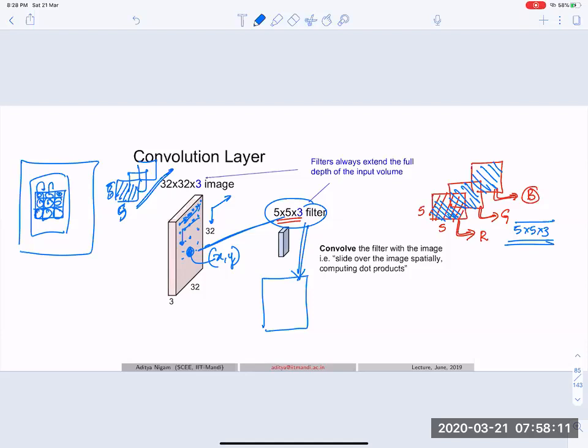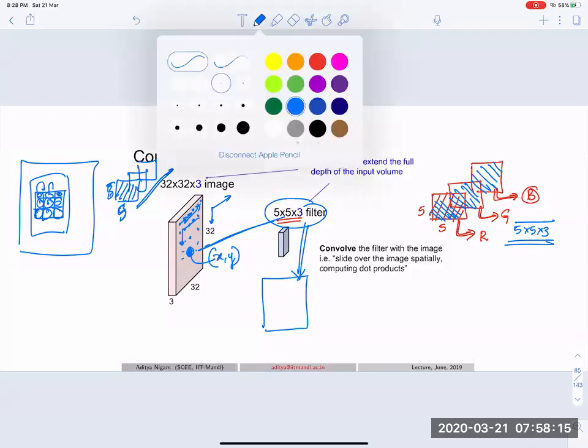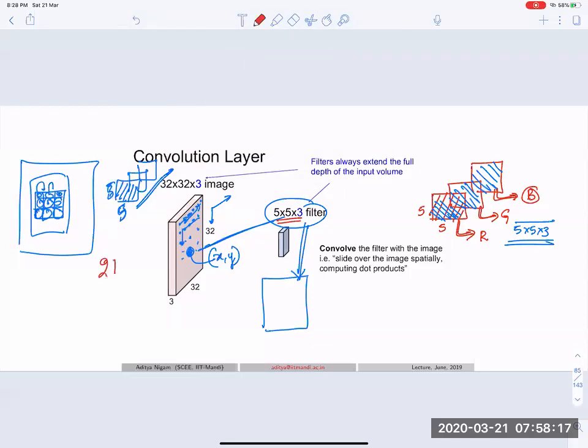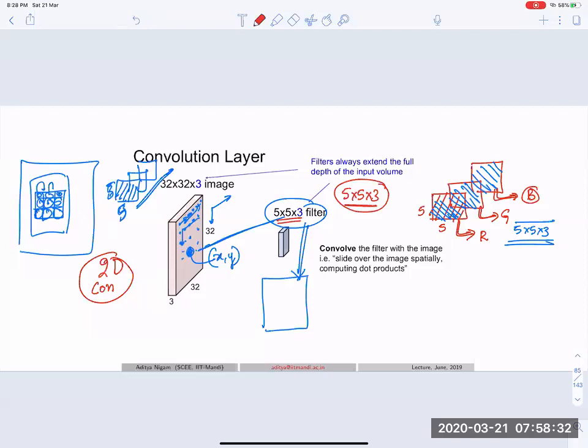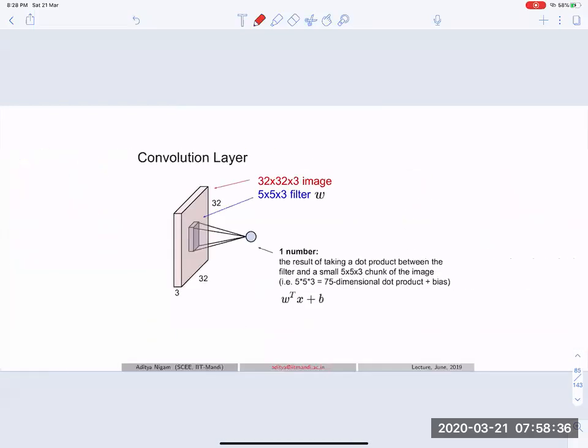Then there is another thing: this is actually a 2D convolution. Why is it a 2D convolution? Just see that our filter is 5 by 5 by 3, but still it's being called a 2D convolution. The reason is that even though it's a 3D filter, a volume type of filter, it is still 2D.